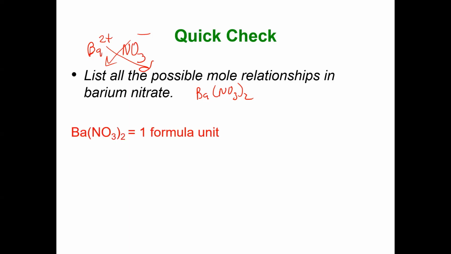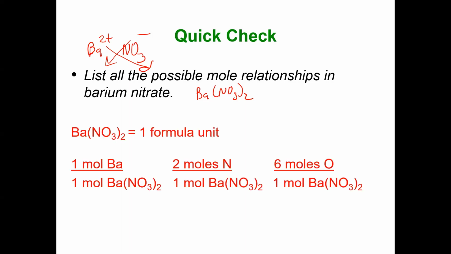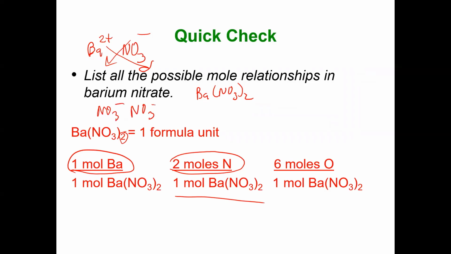Right, so there's the formula unit. In 1 mole of barium nitrate, there's 1 mole of barium. In 1 mole of barium nitrate, there's 2 moles of nitrogen. How come? That subscript 2 means there's 2 of these nitrates, and each nitrate has 1 nitrogen. And then there's 6 moles of oxygen, because each nitrate has 3 and there's 2 of them.